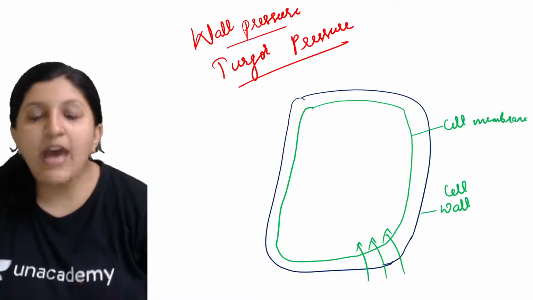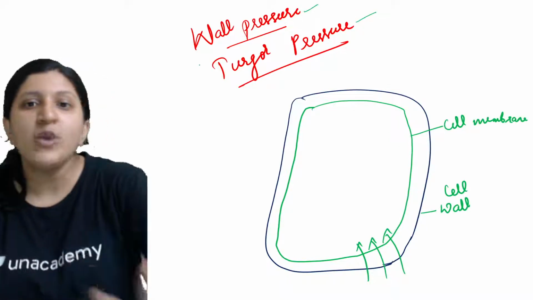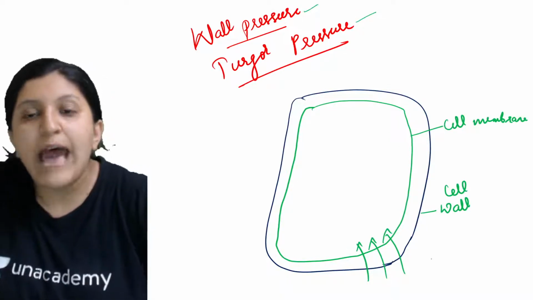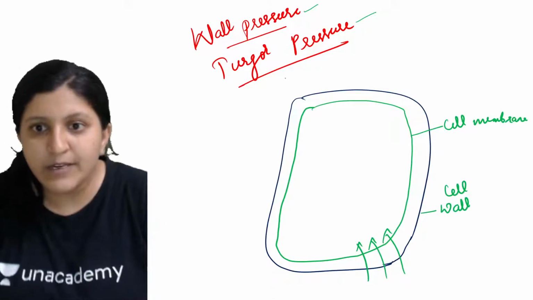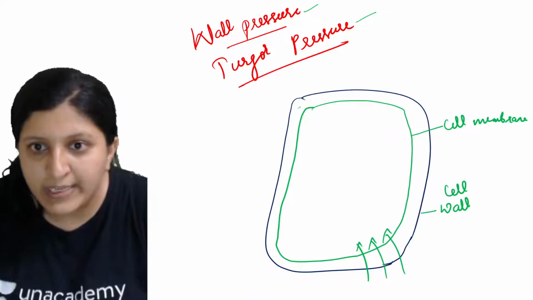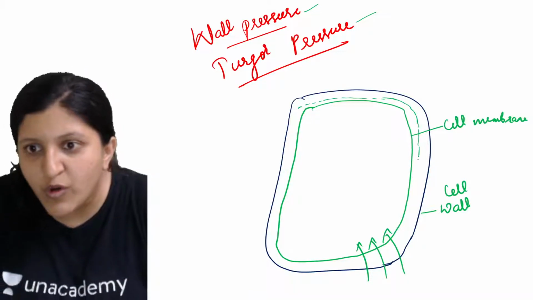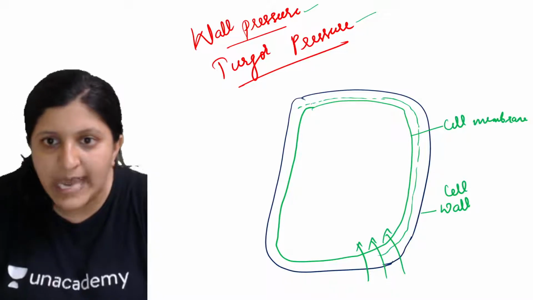Now let's see what exactly is turgor pressure and what exactly is the wall pressure. As the endosmosis has occurred, this cell membrane will distend, like it is expanding. Let's say that it is expanding further because of the movement of water inside.